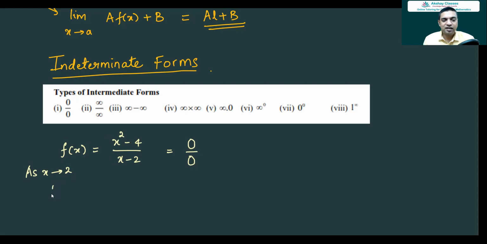Now the same thing I use as x tends to infinity. I apply the limit here, x tends to infinity. So numerator, infinity means a huge number. X is tending to infinity. X is not equal to infinity. Infinity is an undefined quantity.